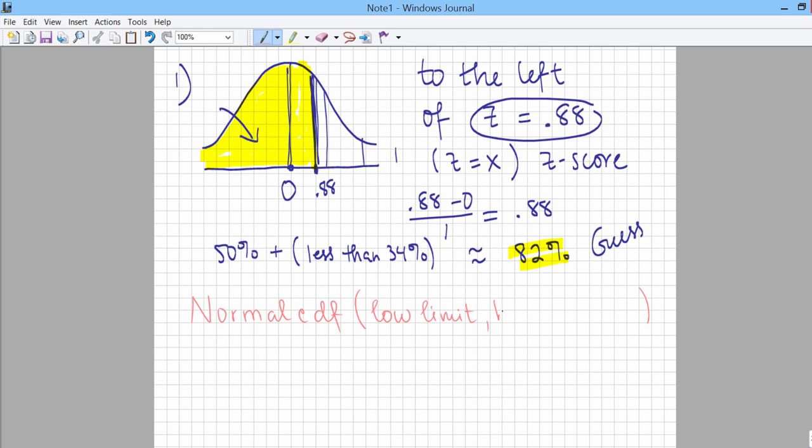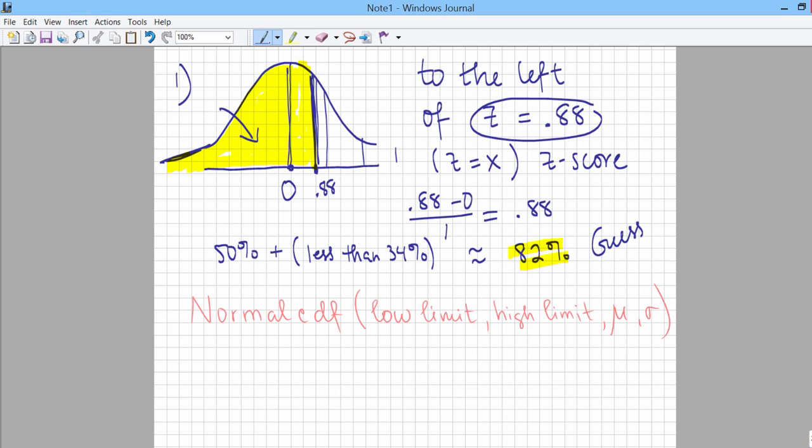Then the high limit: how far to the right am I going to go? And then the next two will be the mean and standard deviation. So how far to the left do I need to go? Technically, infinitely to the left, because I want to make sure I cover all of it.